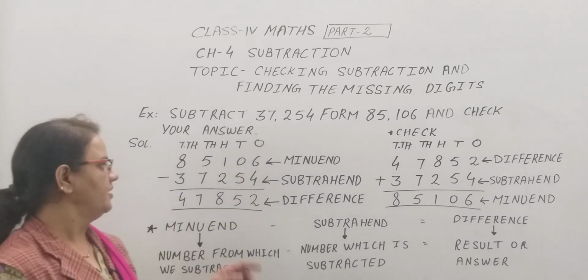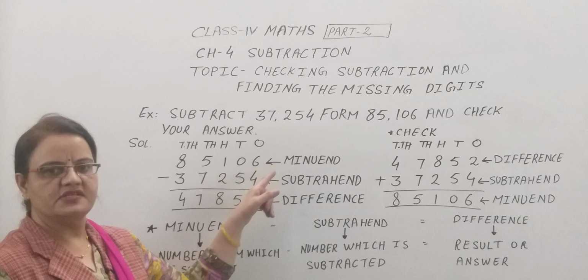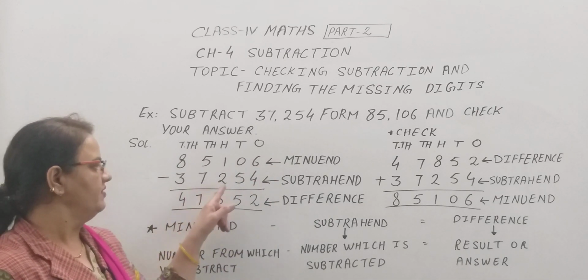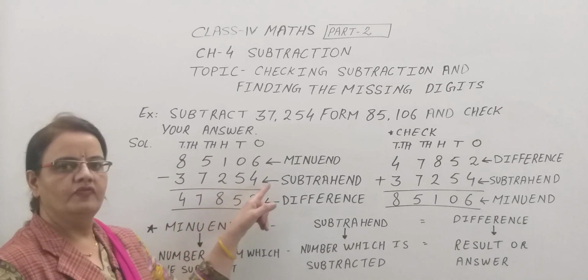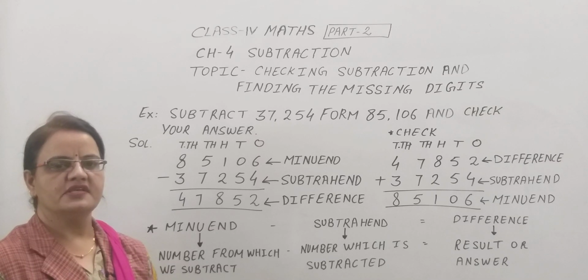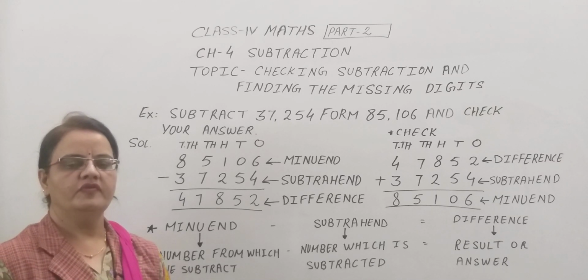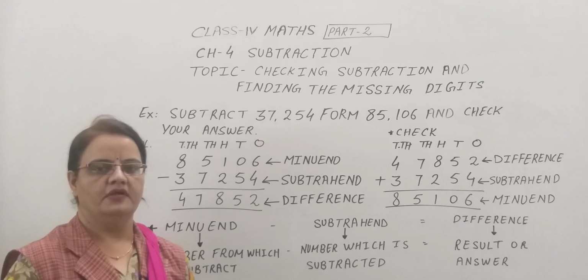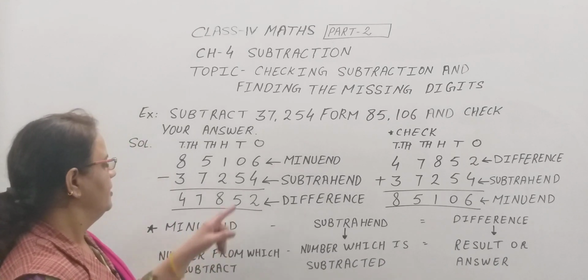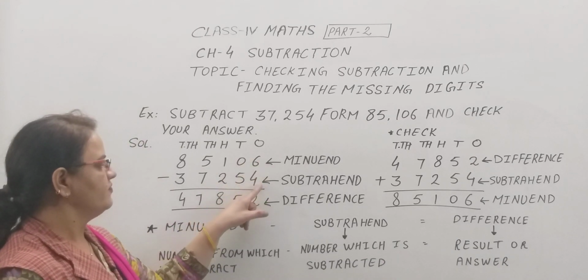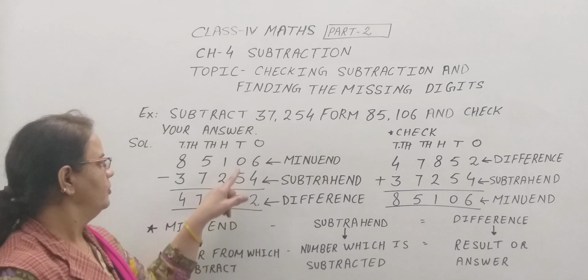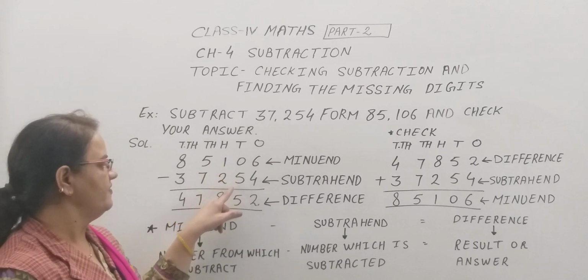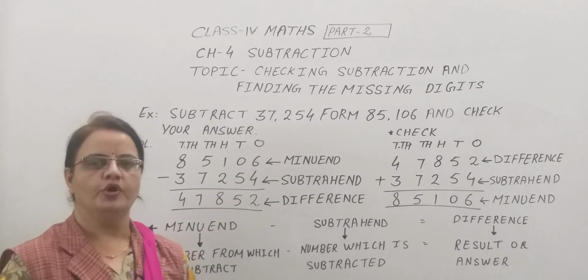Our number is 85,106 minus 37,254. So students, let's start how we will subtract the number. 6 minus 4 equal to 2. 0 minus 5 is not possible, so we borrow 1.